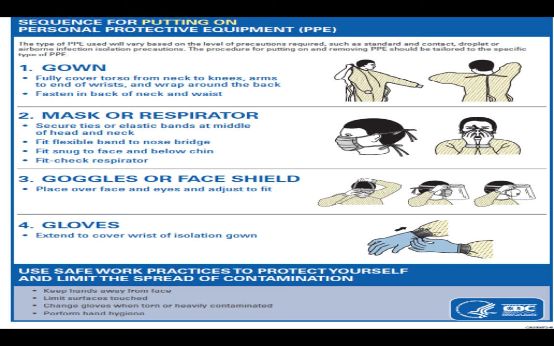So a gown and goggles, gloves, and all those things are not necessarily required. What is required for us as an organization is the use of a mask. That is a requirement. Our organization does also have access to face shields and gloves.